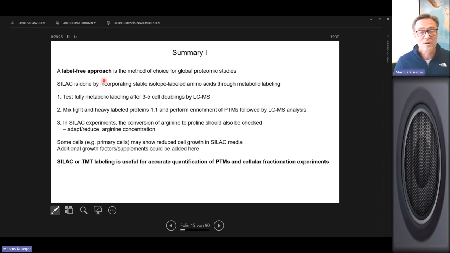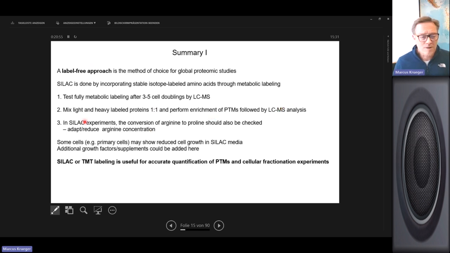And as a take-home message, you have to label your cells for 2 to 5 cell doublings. It depends a bit on your cell culture model. You should, of course, check the incorporation by a short measurement that everything is heavy labeled, and then you mix the light and the heavy labeled proteins 1 to 1, and then you might enrich phosphopeptides, right? Or you fractionate your cells and then do the LC-MS analysis.